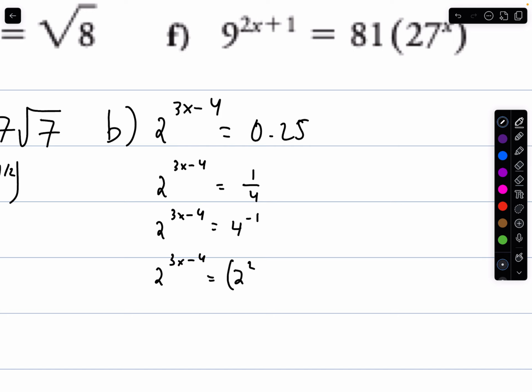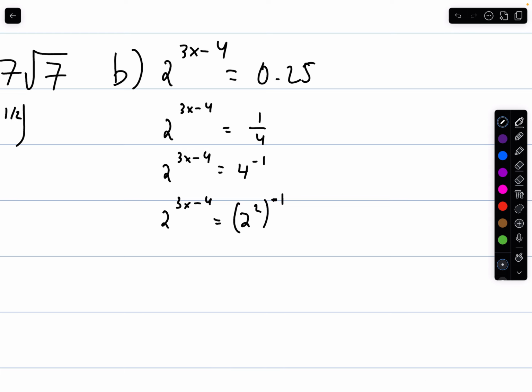So you see how I'm thinking? I'm kind of going step by step in the process. And then I'll have 2 to the 3x minus 4 is equal to 2 to the negative 2. 3x minus 4 equals negative 2. 3x equals positive 2 because I brought the 4 over. X is equal to 2 over 3.